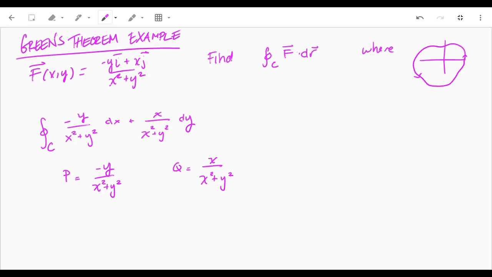It's not differentiable at the origin, which is inside our region, which is a problem here because everything has said that we have continuous second order derivatives. I'll jump ahead here, and we'll find dP/dy, using our quotient rule.